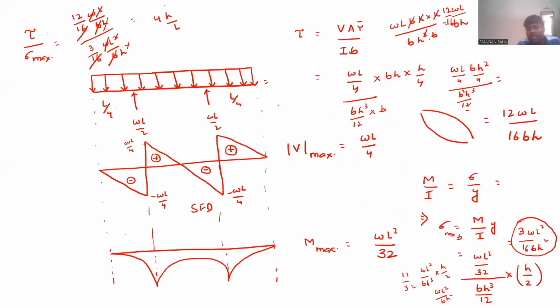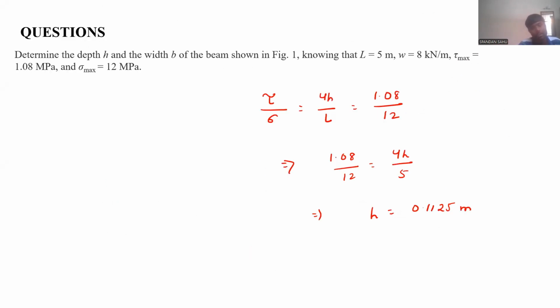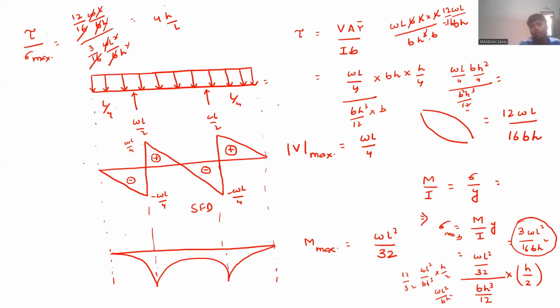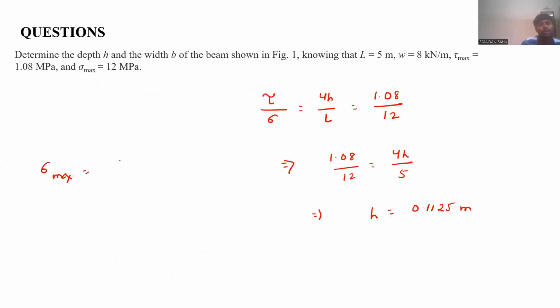Now you check, you have the equation for tau max to be 12 W L upon 16 B H. First write sigma max is equal to 3 upon 16 W L square by 6 B H square.